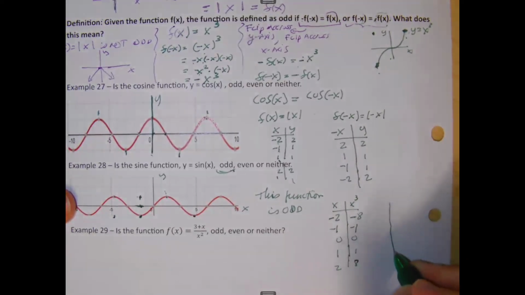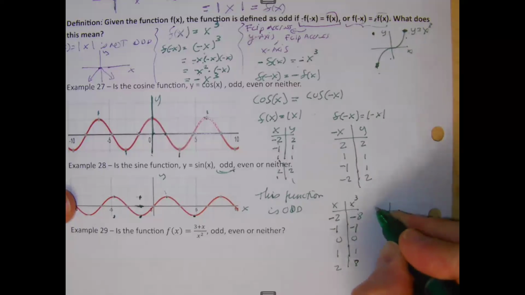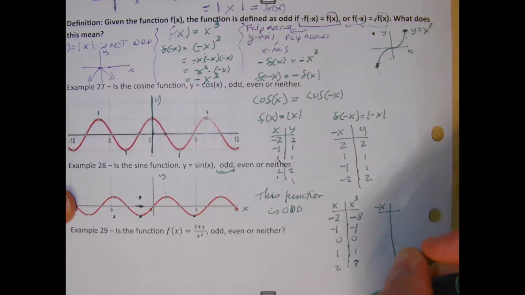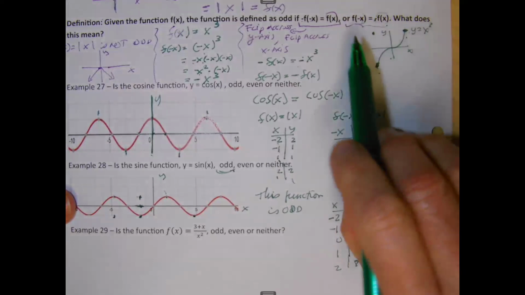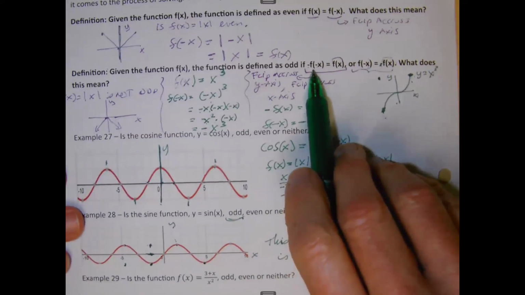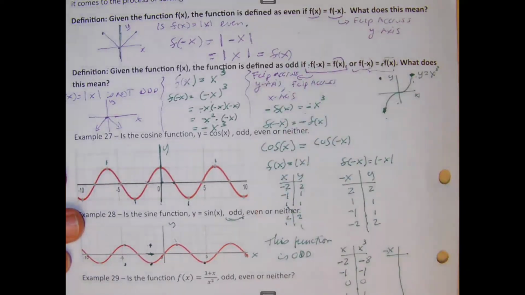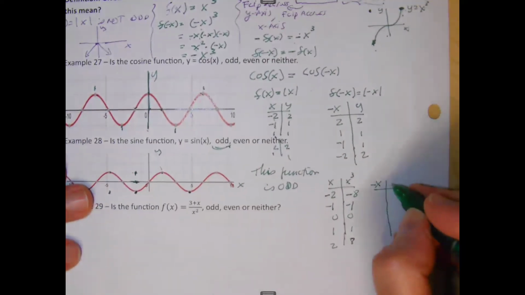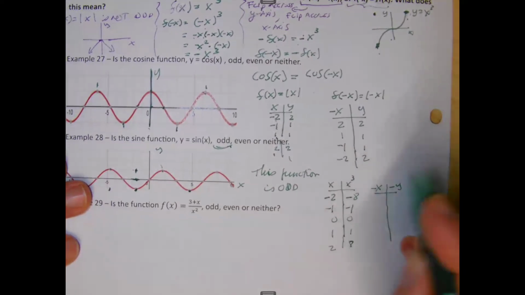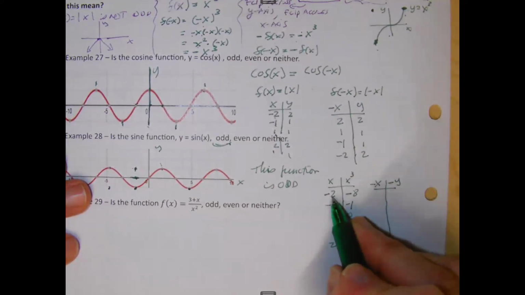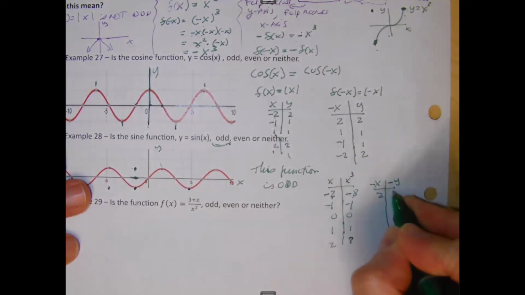But now what it's saying to do is the following. I'm going to do it in one shot. Take the opposite of x. So if I go back to this original definition, my favorite one, take the opposite of x and take the opposite of y. That's what it's saying. So now I'm going to come over here and do both. Take the opposite of x, 2. Take the opposite of y, 8.